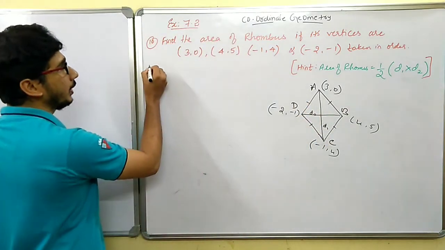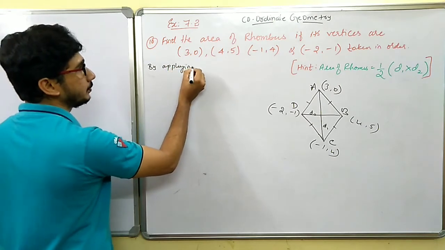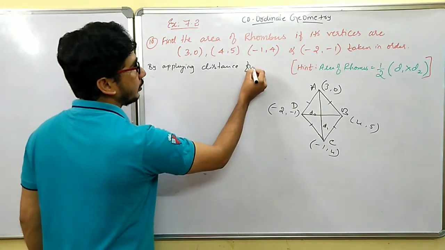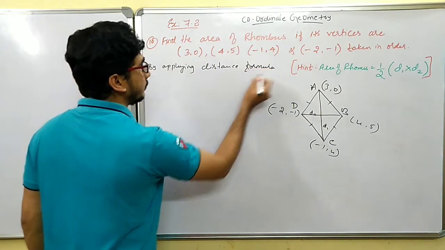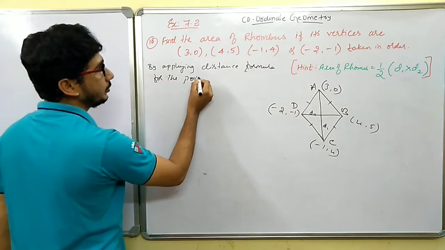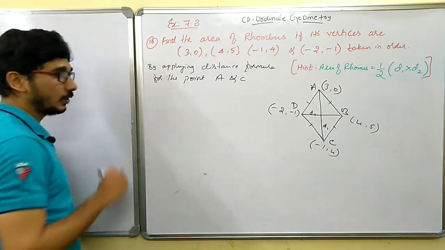By applying the distance formula for the points A and C, that is, the diagonal I am going to find.